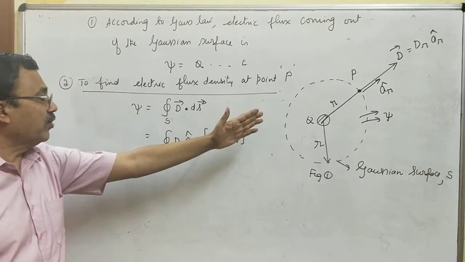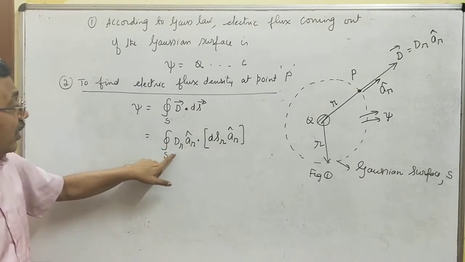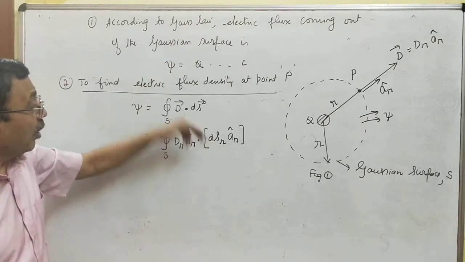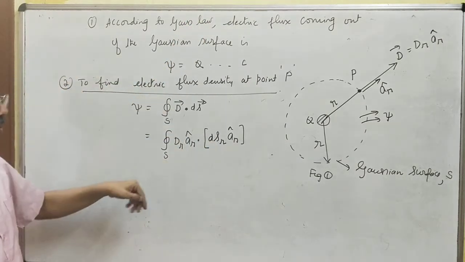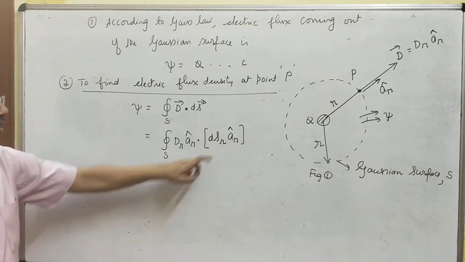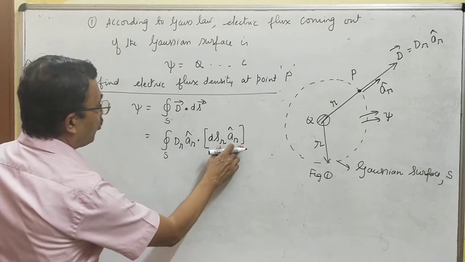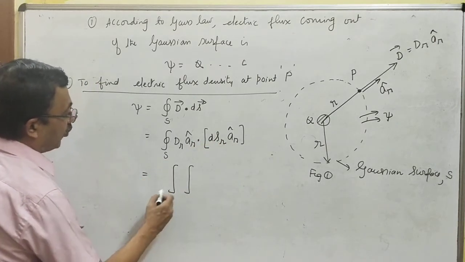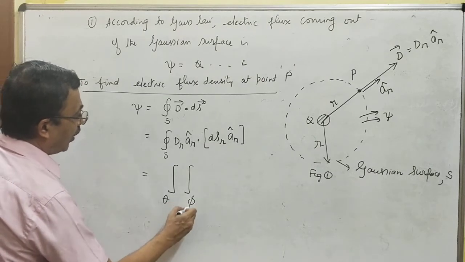Therefore, no need to write those expressions. Please note that Dr is in the r direction. dSr is the area perpendicular to the r direction. What I mean is that Dr and dSr are perpendicular to each other. ar cap dot ar cap is what? 1. Closed surface integral, the double integral over the domains of theta and phi.